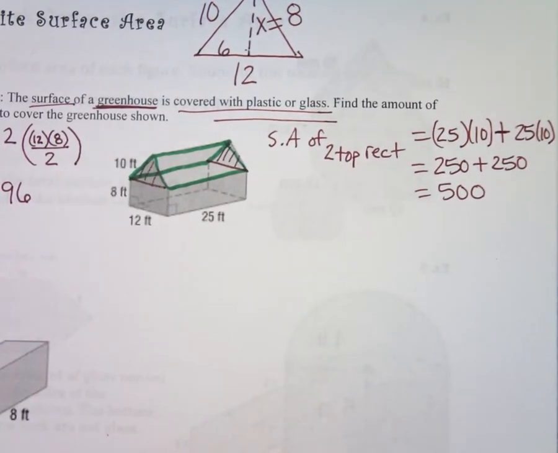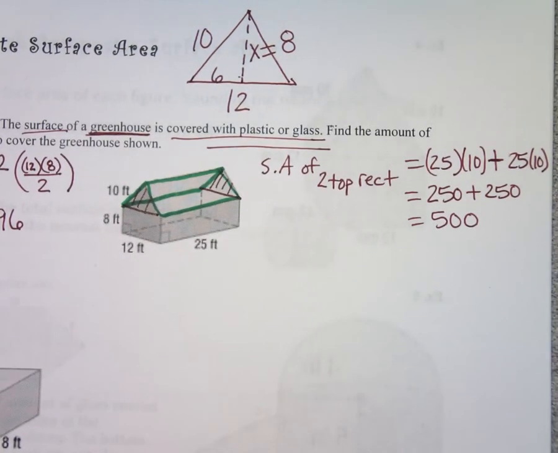Do you know how many rectangles are left? 3. 5. 6. There's 2. You already told me I wasn't going to do the bottom, right? Now, would there be this rectangle right here? No, there's not that rectangle.